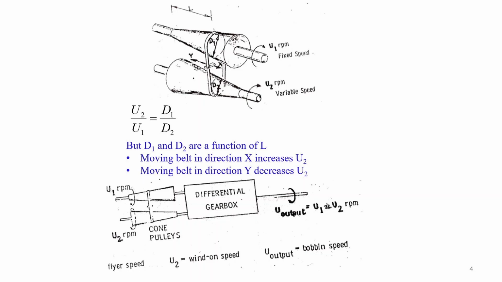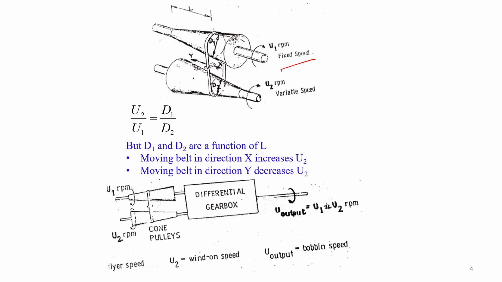Okay. So, U1 and U2, the relationship between U1 and U2: U1 is the RPM of the top cone drum, and top cone drum RPM is generally a fixed RPM. And the bottom cone drum speed is U2, which is variable and varies due to the shifting of the cone belt.